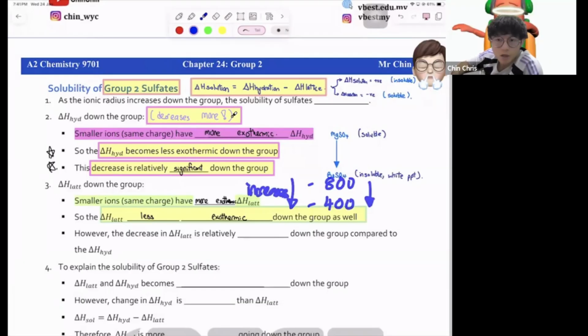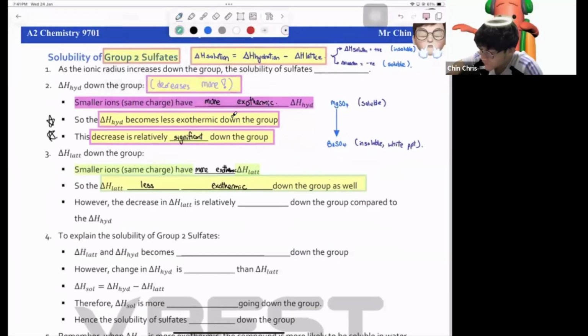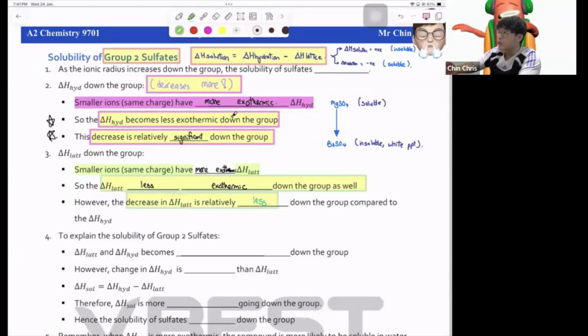However, the drop in your delta H lattice is relatively less. Highlight this part: the decrease in lattice is relatively lesser because, when we look at lattice, we are always comparing the entire compound, not individual ions.